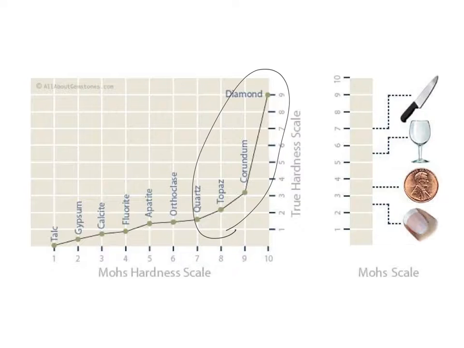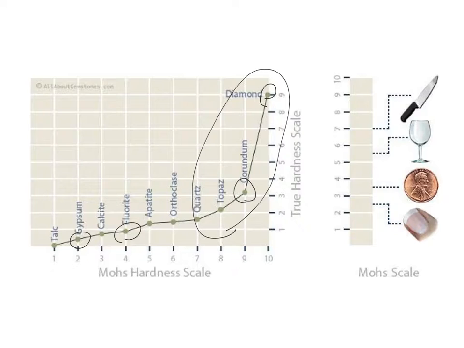So fluorite is maybe approximately twice as hard as gypsum, but just because one is 4 and one is 2 doesn't mean that that's the case. Diamond is clearly about 3 times as hard as the corundum, but it's only the difference between 9 and 10 on this hardness scale.